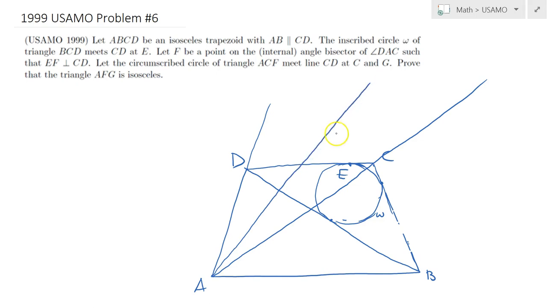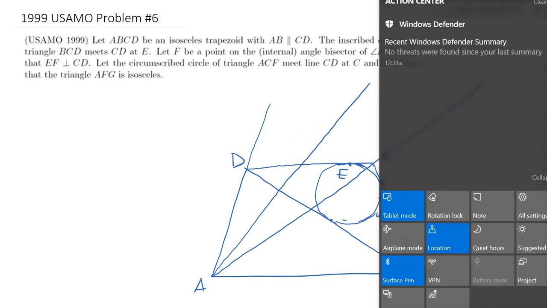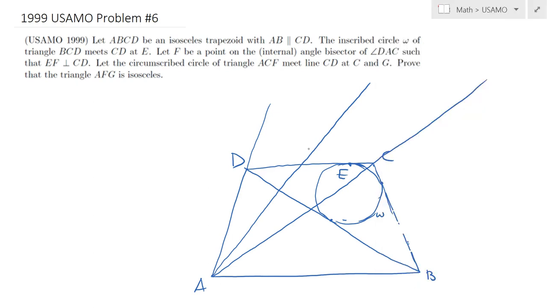And it is somewhere here such that EF is perpendicular to CD. So EF is perpendicular to CD, suggesting that F is right here. F. So this is an angle bisector, and EF is perpendicular to DC.